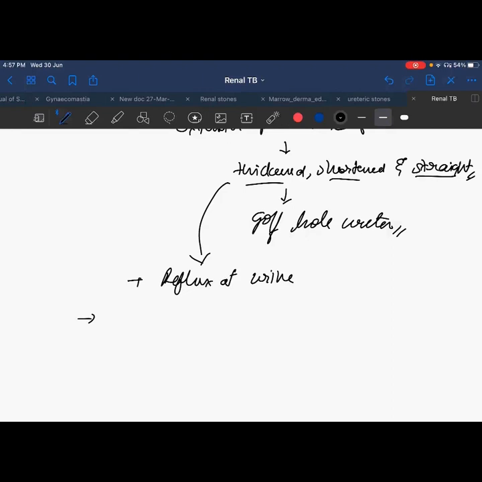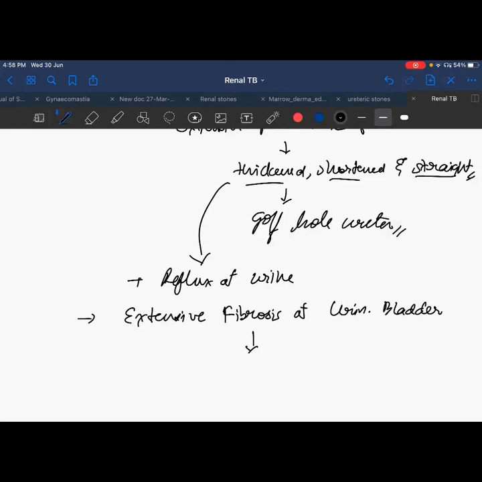Now, this is regarding the urinary bladder. If the TB organism affects the urinary bladder, it will cause extensive fibrosis. Extensive fibrosis means what? The bladder will be shrunk in size compared to normal. If the size is shrunk, what will happen?